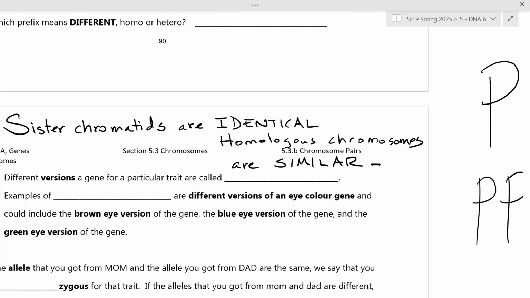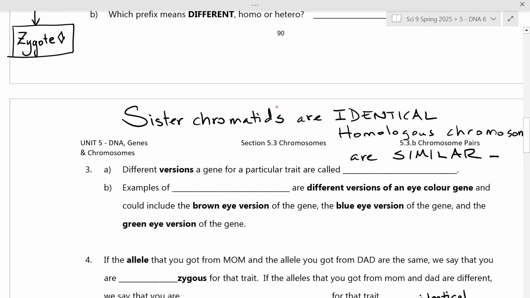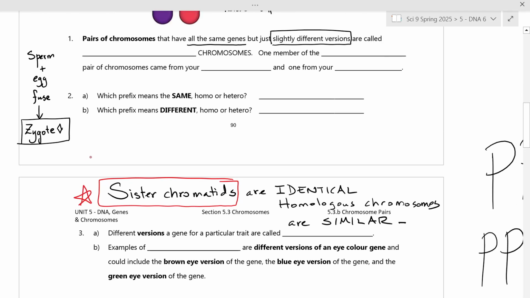What else do we need to know? We need to know sister chromatids. And you should also know replicated chromosome and unreplicated chromosome.